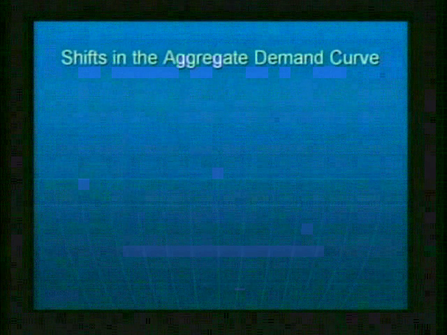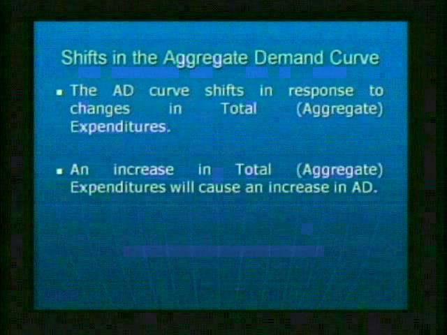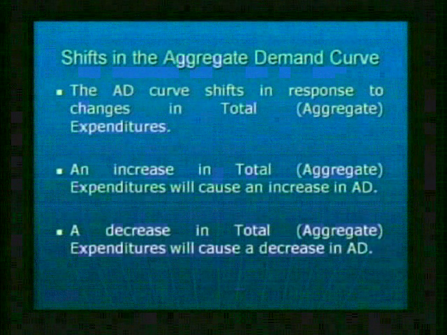What sorts of things might shift that curve or move it? Well, a curve moves anytime there's a change in total expenditures. Anything that would increase total expenditures would increase aggregate demand. Anything that would decrease total expenditures would decrease aggregate demand, would actually move it from place to place.